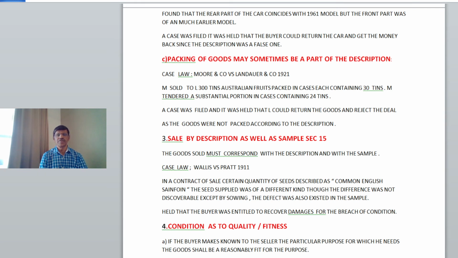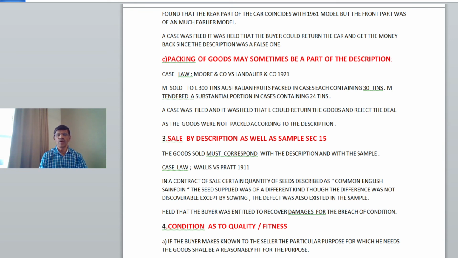Third condition, sale by description as well as sample. Here, the goods sold must correspond not only with the description but also with the sample. Here also there is one famous British case law, Wallis versus Pratt, 1911. In a contract of sale, a certain quantity of seeds described as common English sainfoin was sold.